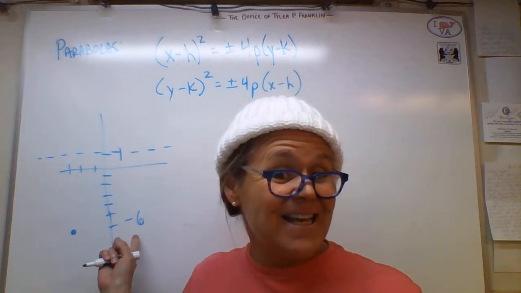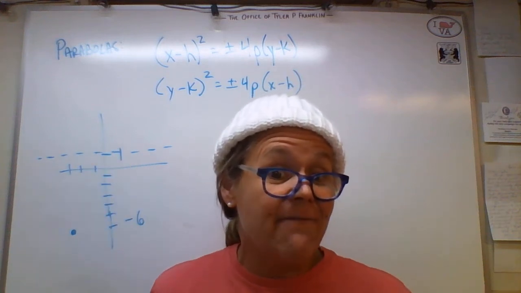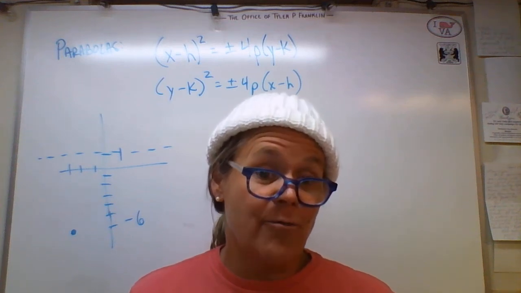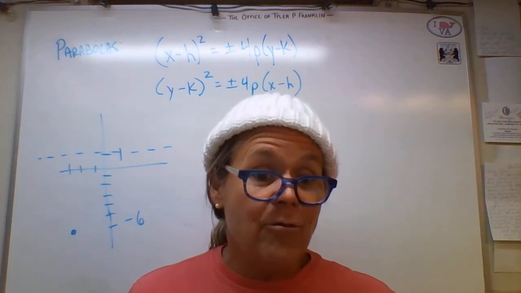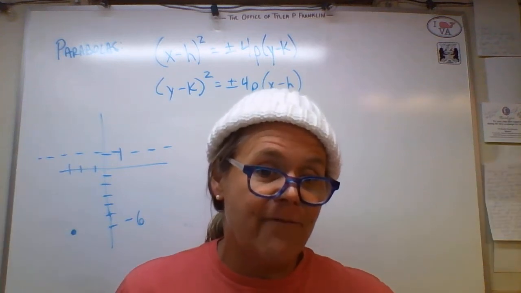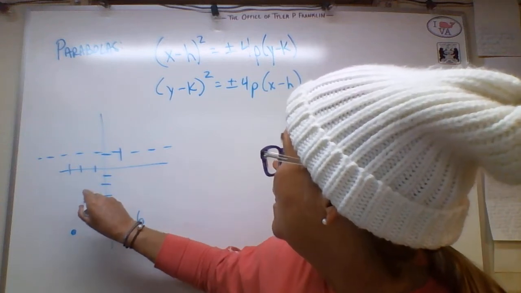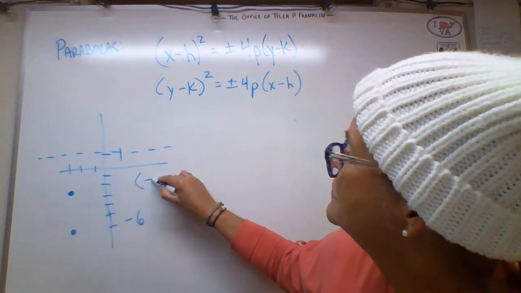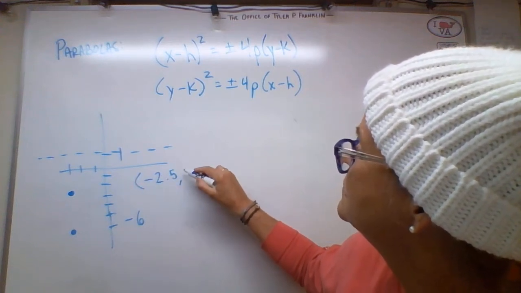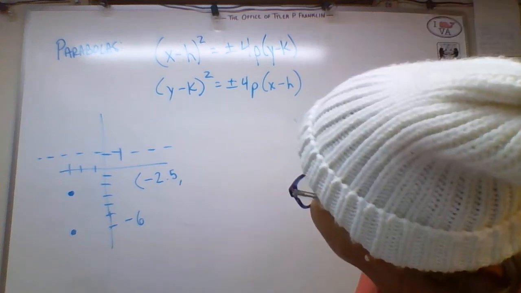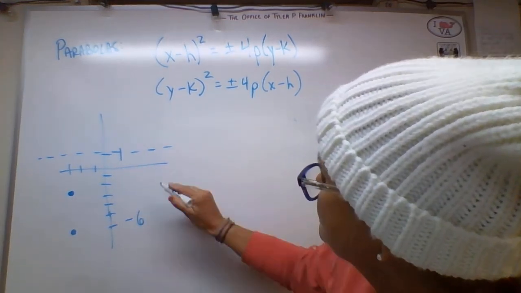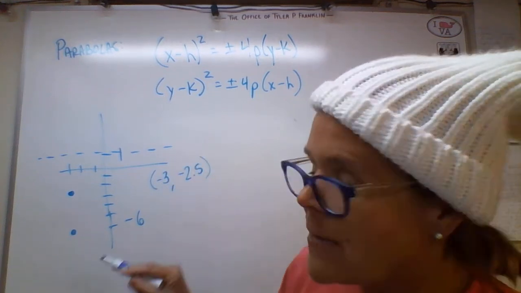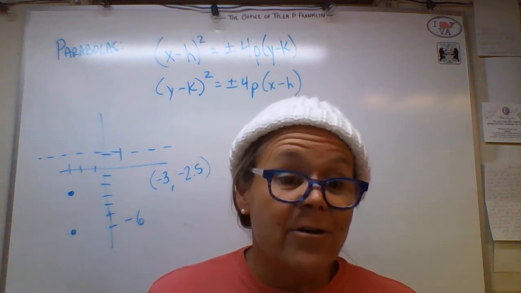Well, that's from negative 6 to 1, which is 7 spaces. 7 spaces divided by 2 is 3.5. So go down 3.5 or up 3.5, which is your y value.